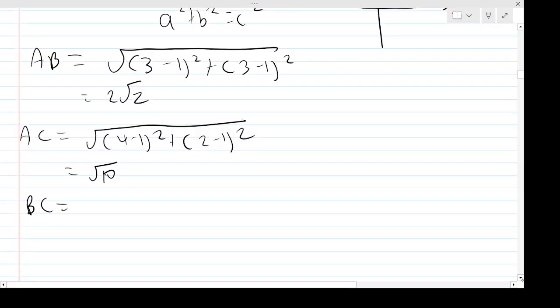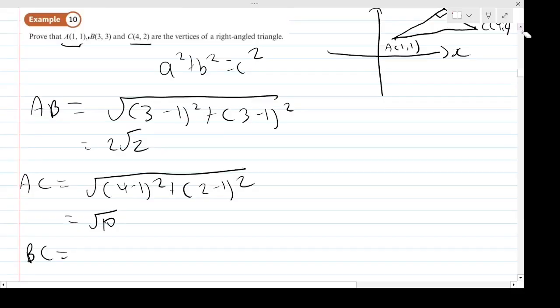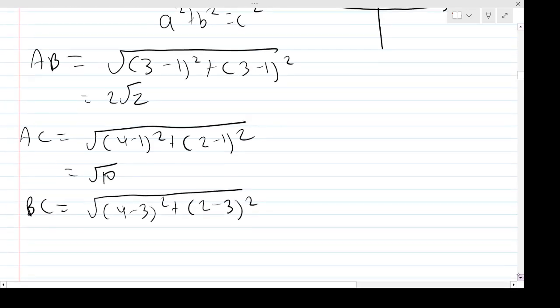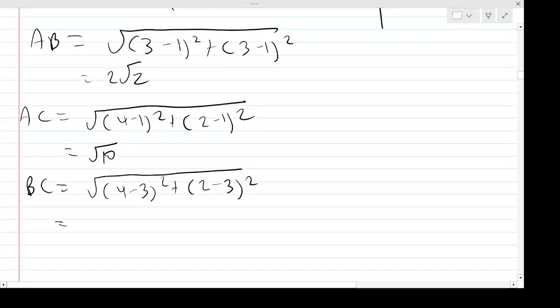Anyway, the distance between B and C up here: the change in x is going to be 4 take away 3 all squared, and the change in y will be 2 take away 3 all squared. And so that will get me root 2. Okay, so I've got the sides.